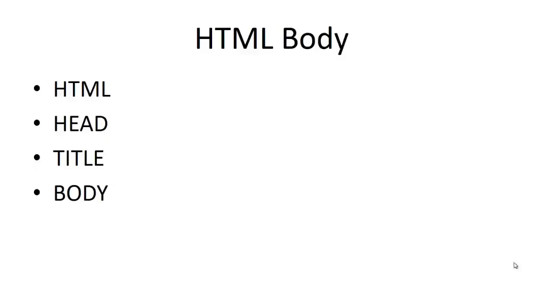Now, before I move on to video number 2, we are going to talk about the basic structure of an HTML body. Whenever you create a new HTML page, basically at the top you're going to have an HTML tag, and think about it wrapping around everything. You have the HTML, and right underneath it you have the head.